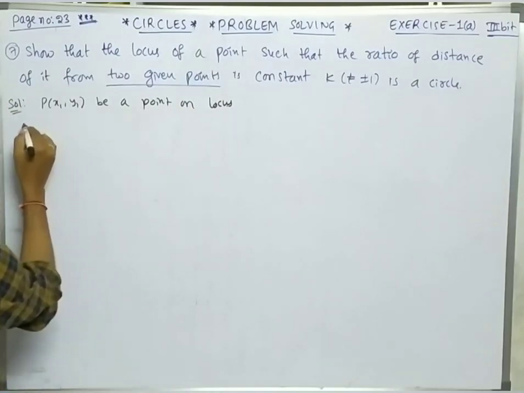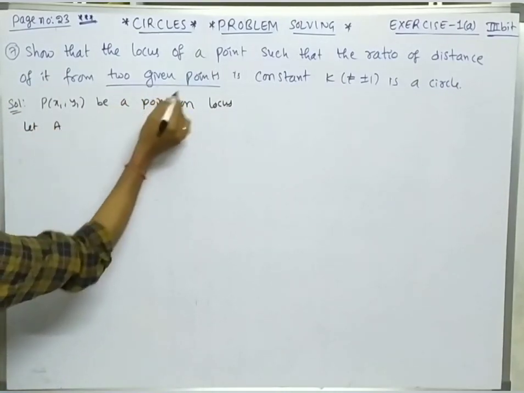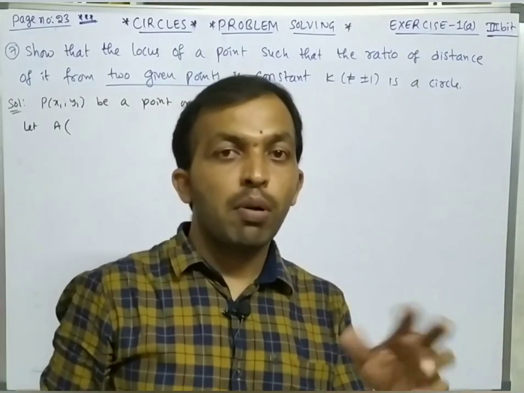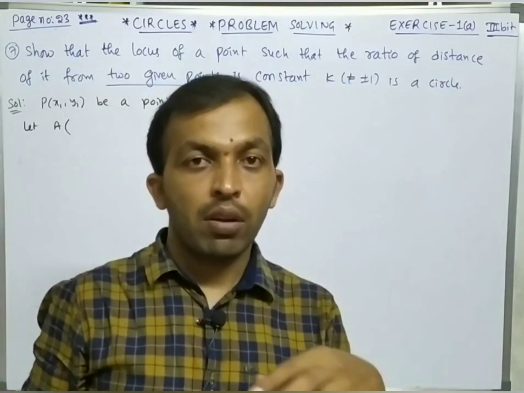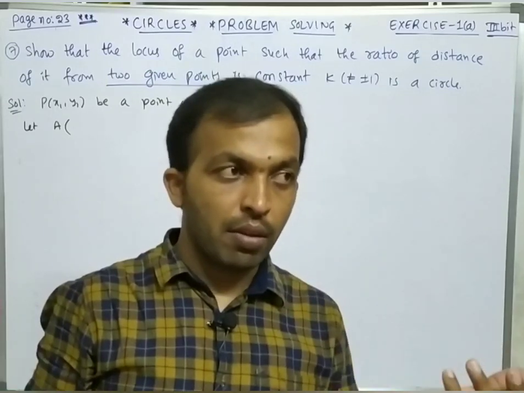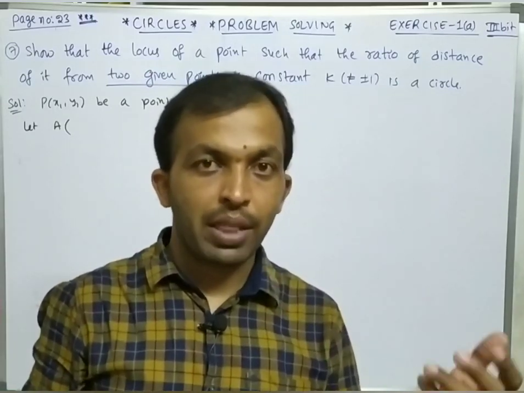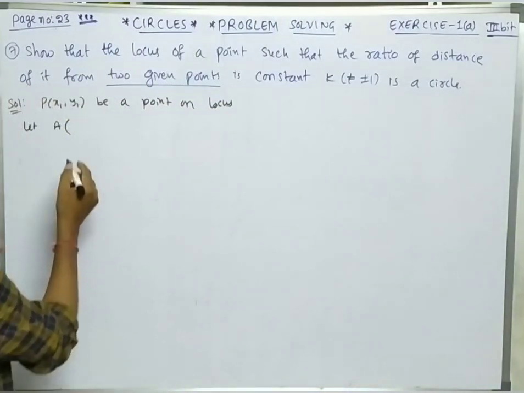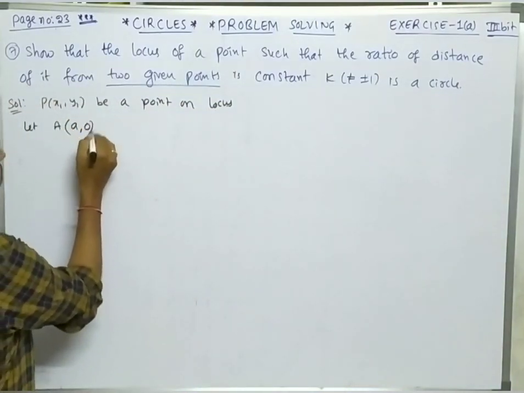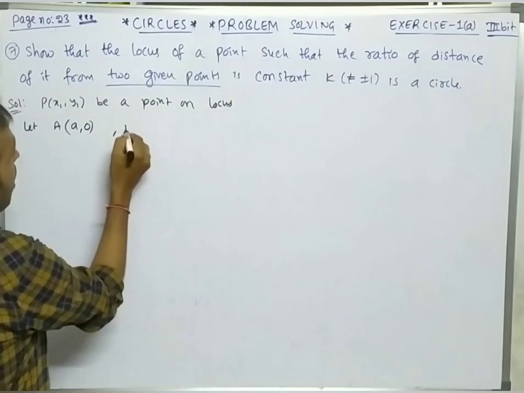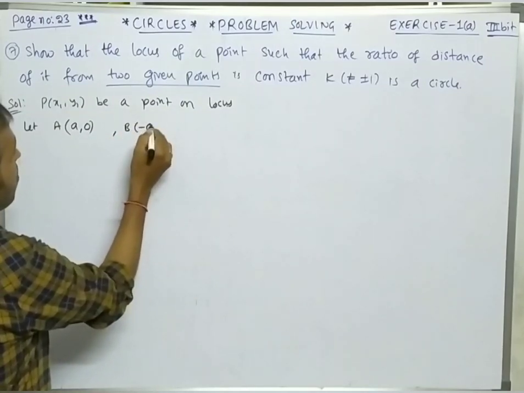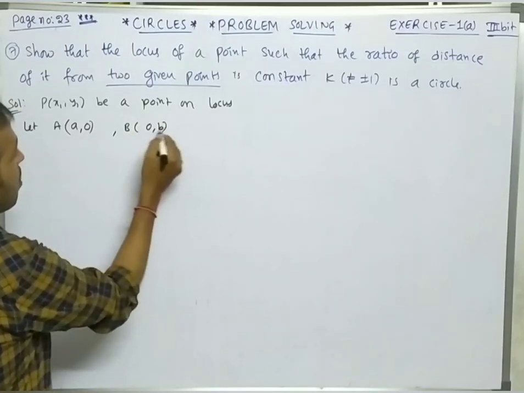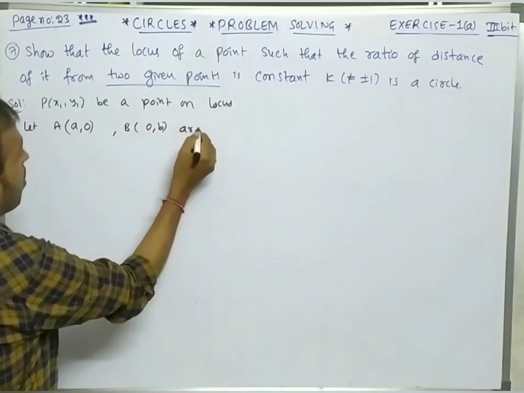Next, let two given points be any two points, like (a, b), (c, d), or (p, q), (r, s). For ease of calculation, I am taking one as (a, 0) and the other as (0, b). (a, 0) and (0, b) are the two points.